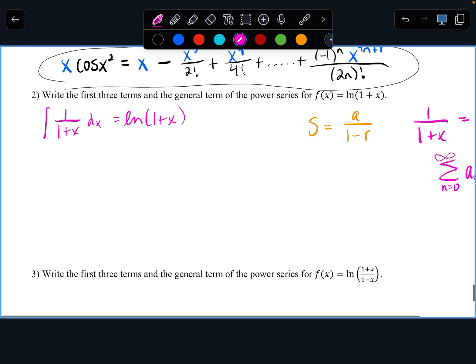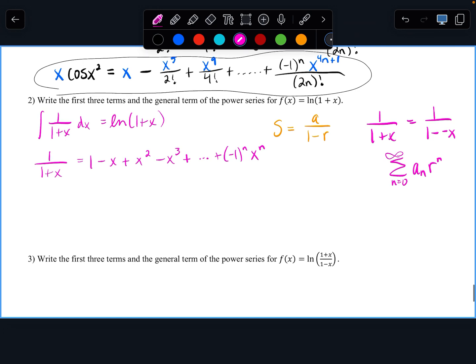So again, you have this one theoretically memorized, 1 over 1 plus x is 1 minus x plus x squared minus x cubed plus blah, blah, blah. But really, it's just taking the negative r part out. That's because your r is negative. So the 1 minus x is all positive because your r is positive x, whereas the 1 plus x is alternating. They just took the negative piece out of the r.